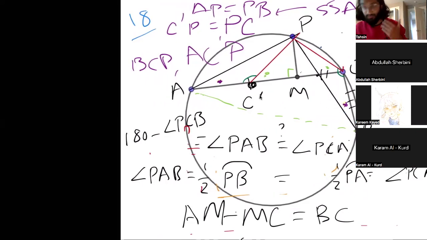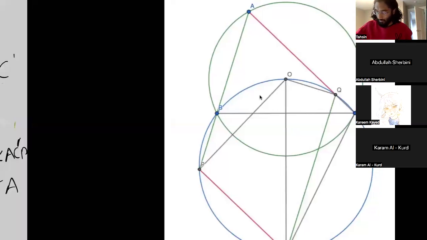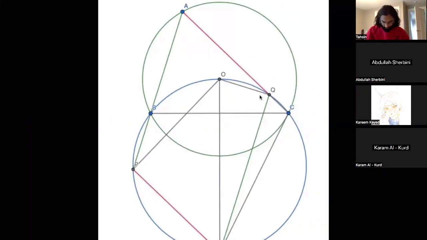So maybe let's go to the last problem that I wanted to talk about. We have time at the end, Karam. We can discuss your argument for this one.